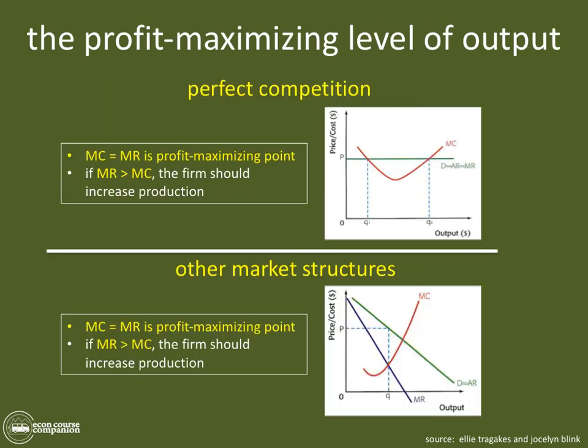Now, what about the other market structures? What about the other market structures of monopoly, right? Monopolistic competition or oligopoly. Well, in those market structures, guess what? What you need to do is the same thing, except in the other market structures, you are going to have a situation where they are price makers. What are price makers?